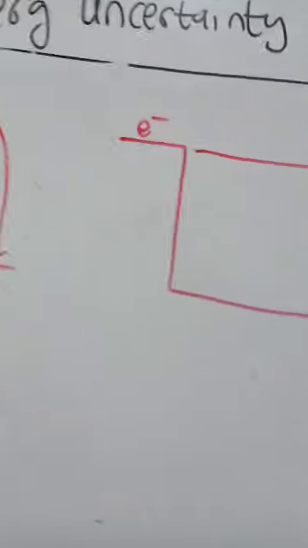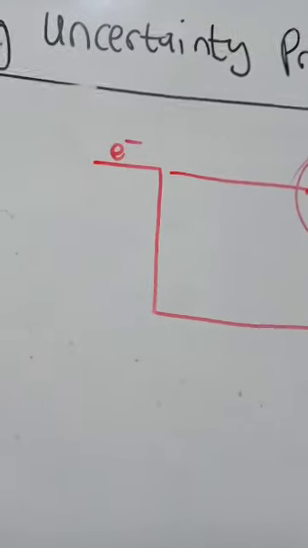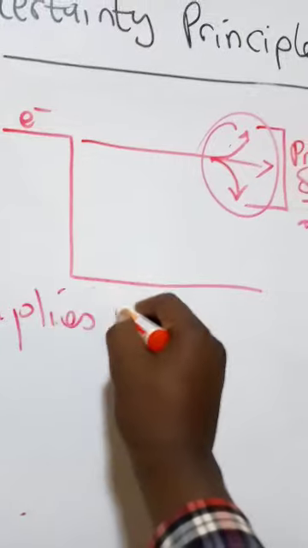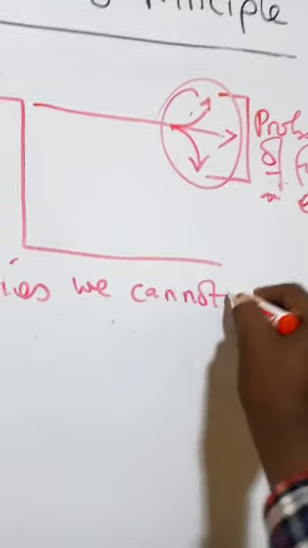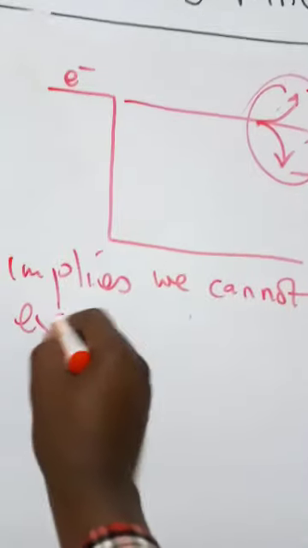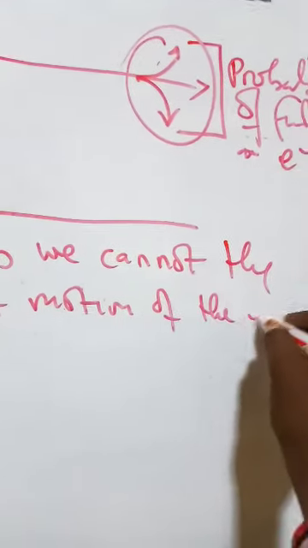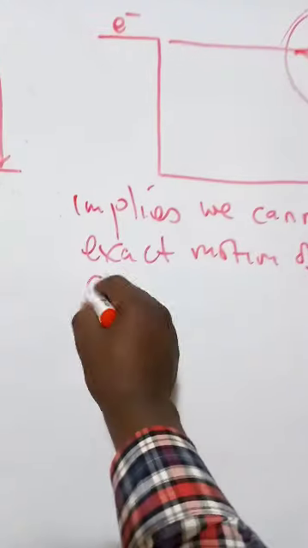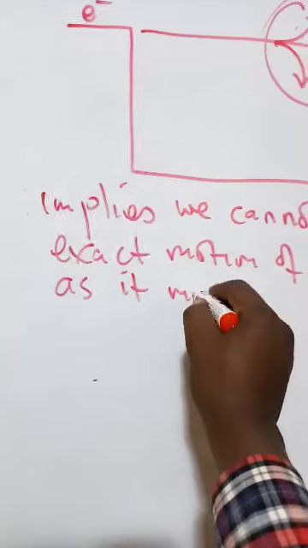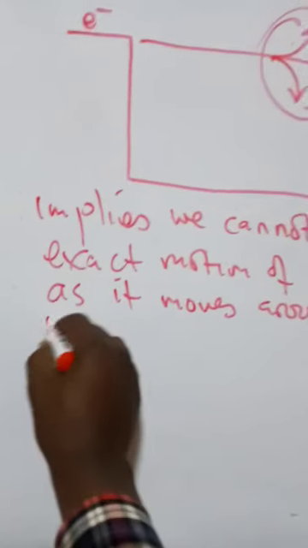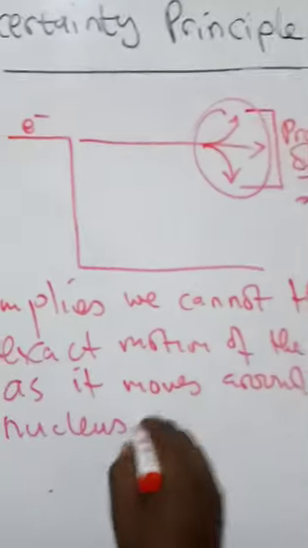Applied to the electron, the uncertainty principle implies we cannot know the exact motion of the electron as it moves around the nucleus, as illustrated above.